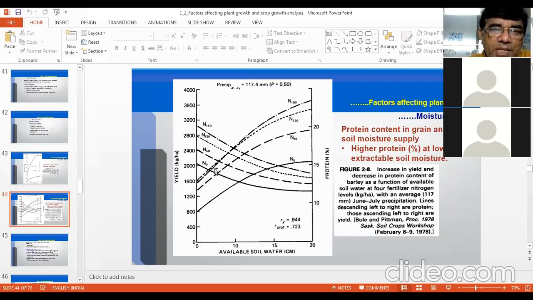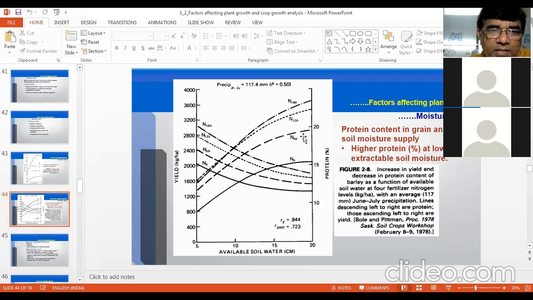Now first you see the yield, how the yield is going up. See the lines which are going up from the left side. You can see maximum yields are there at 180 kg nitrogen, and then 120, then 160 and 0. So as you increase the nitrogen level up to 180 in this case for barley, the yield is increasing.